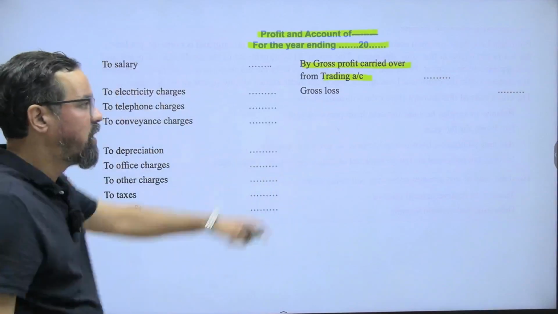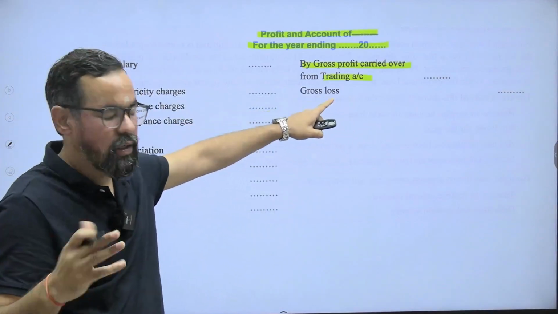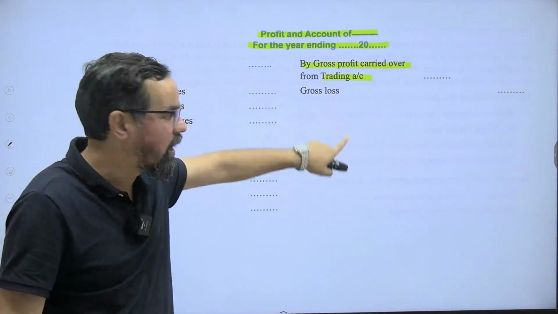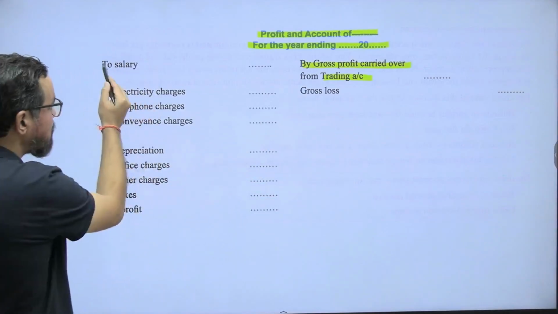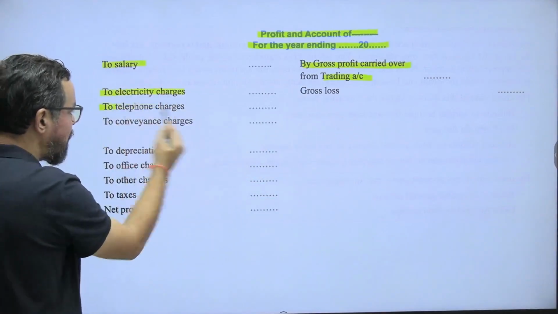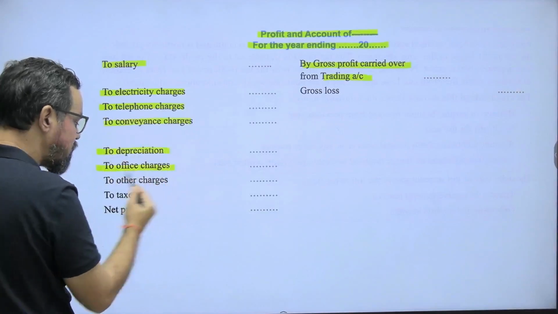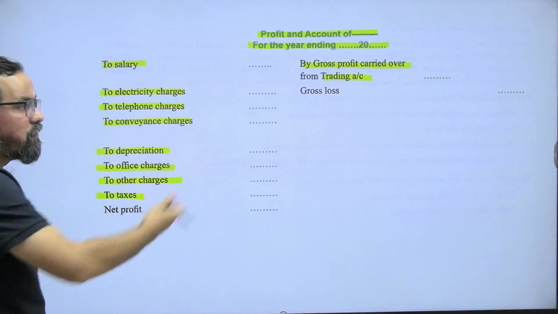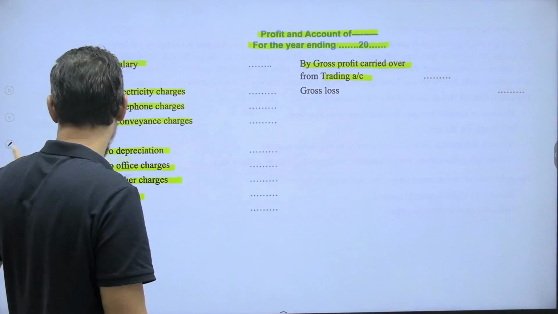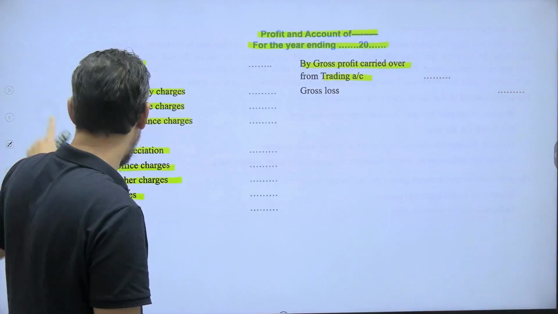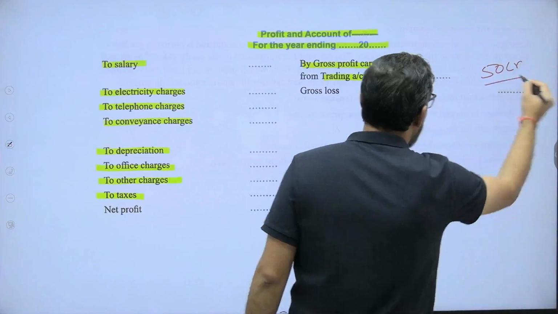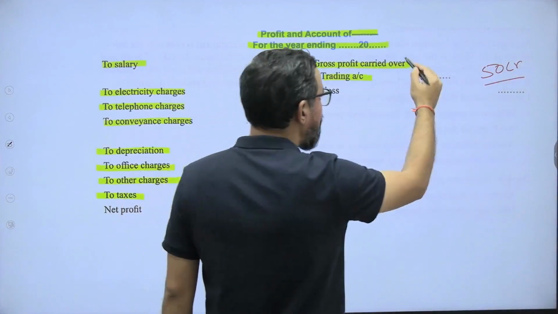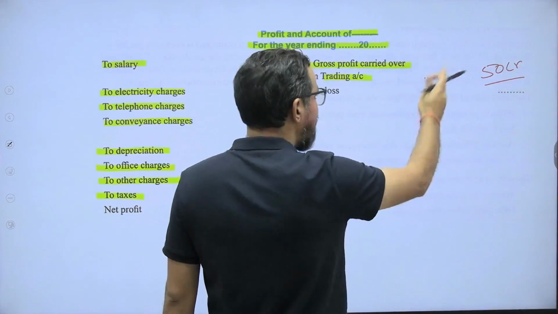And if there is some other income, you have to add that on the credit side. This side, all indirect expenses, debit side. So the difference: let's say this side the balance is 50 crores, the overall total is 50 crores, gross profit was, suppose, 40 crores, and 10 crore was other income.